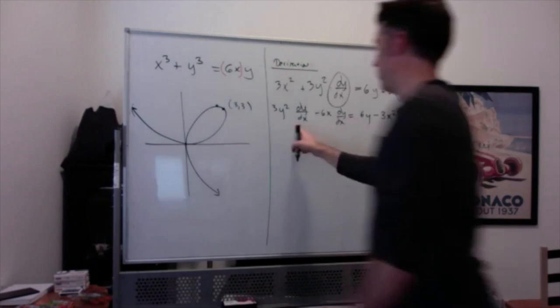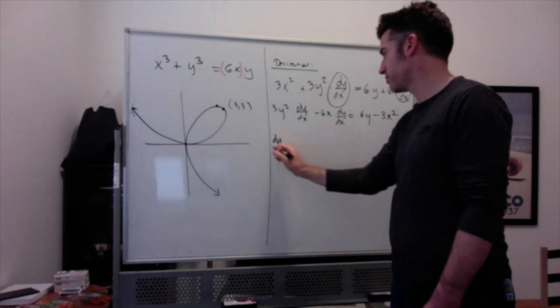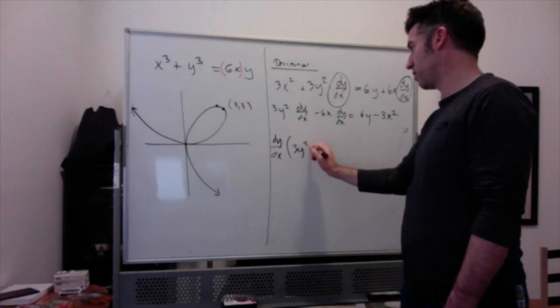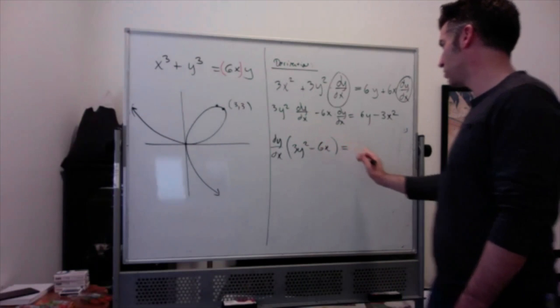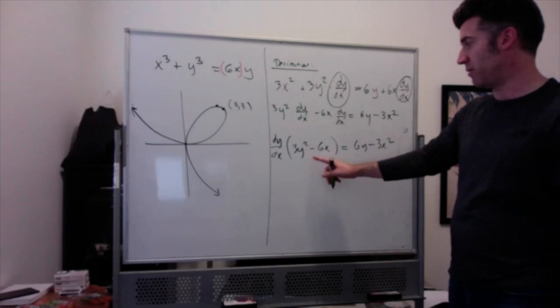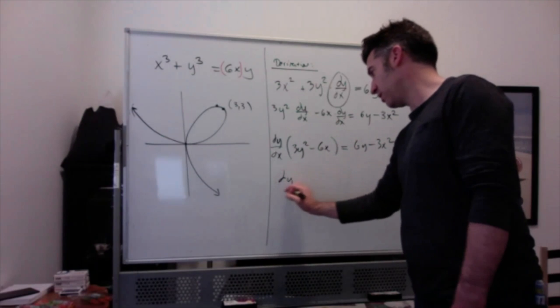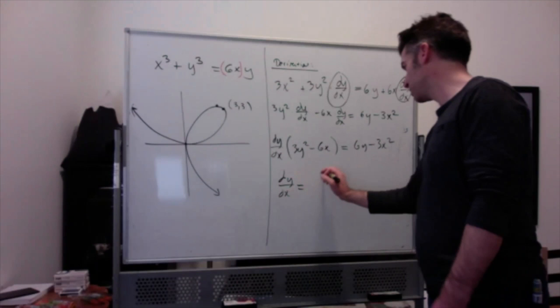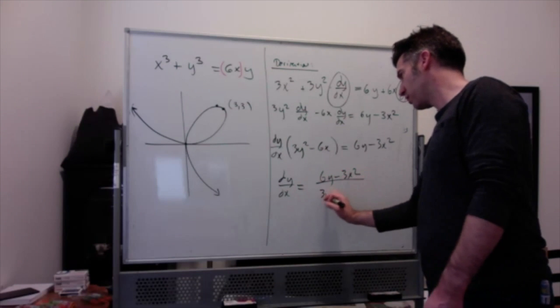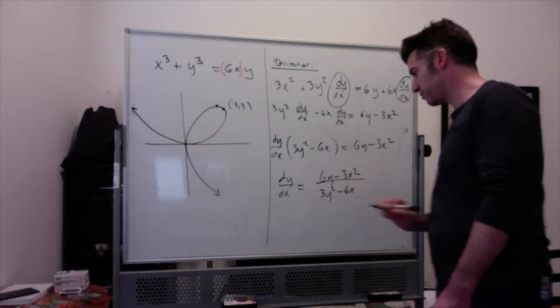And then factor out the dy dx. So it's dy dx times 3y squared minus 6x equal to 6y minus 3x squared. And finally divide by this. So dy dx equals 6y minus 3x squared over 3y squared minus 6x.